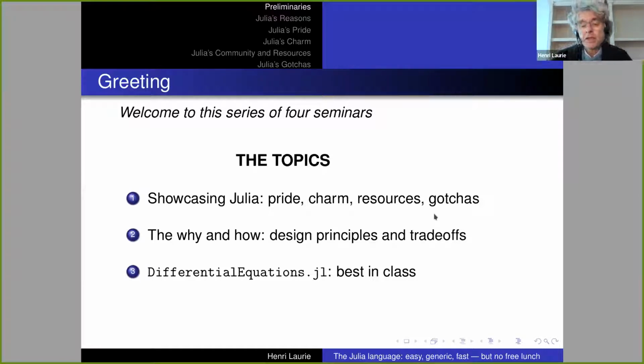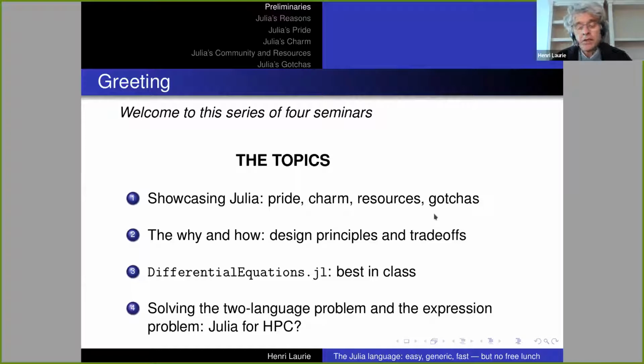There are very many packages that are part of DifferentialEquations, and it is now part of a bigger project that also comprises machine learning. But it's my opinion that DifferentialEquations.jl is now best in class for general purpose differential equation solving. Of course, for special purposes, one will usually be able to beat it, but I don't think you can beat it by far. Not only is it very, very good in almost everything, but there is nothing, as far as I can tell, that it is really bad at.